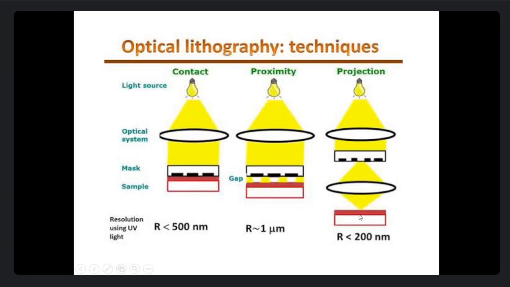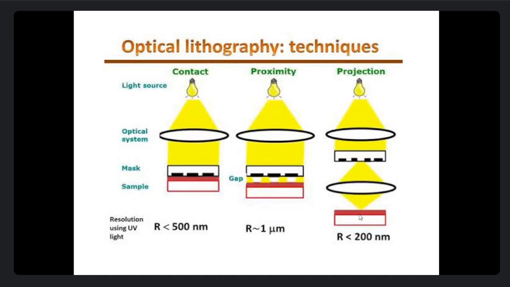Now, so far, broadly these three types of printing techniques are there. Out of them, as you can understand, this projection, the last one, is by far the most widely used exposure system, tool or technique for manufacturing.